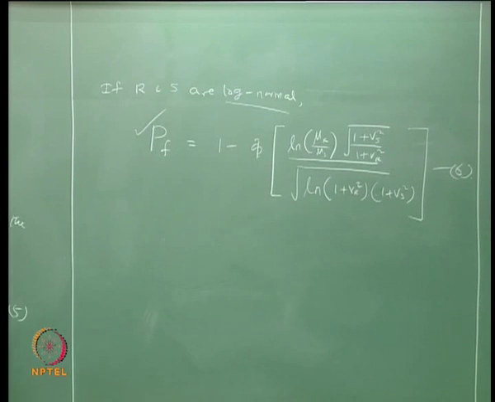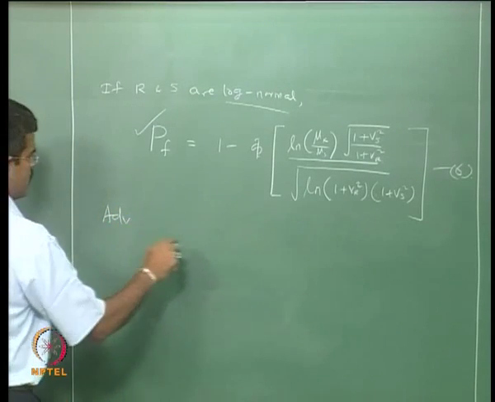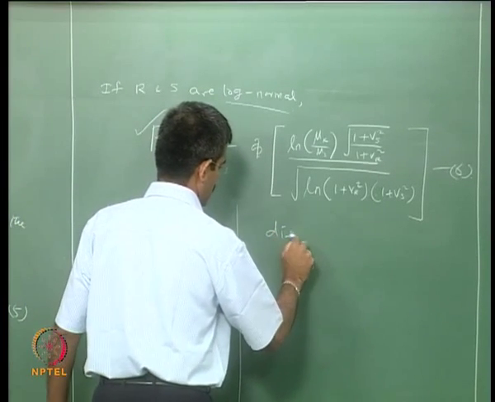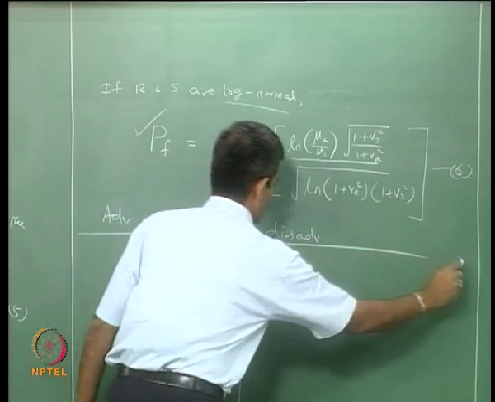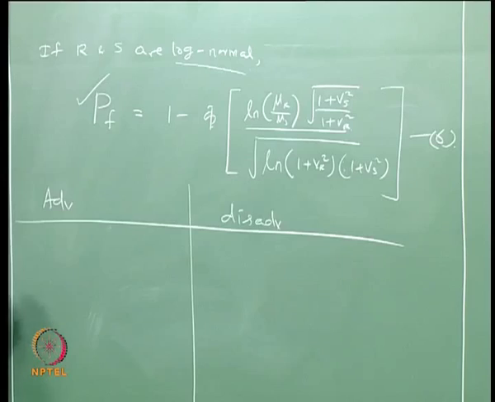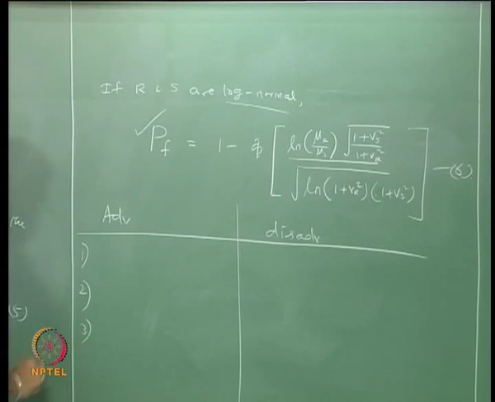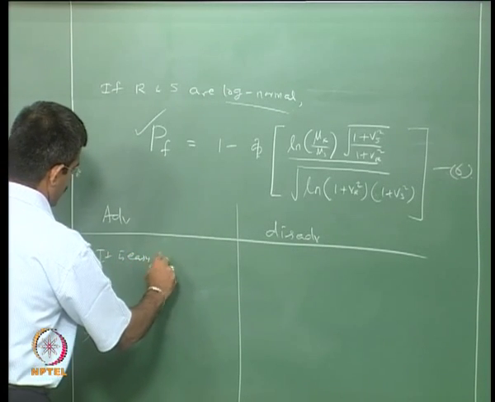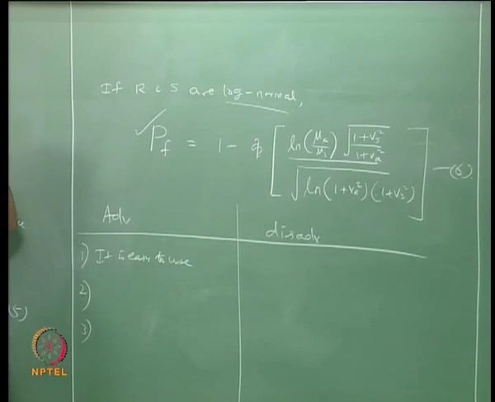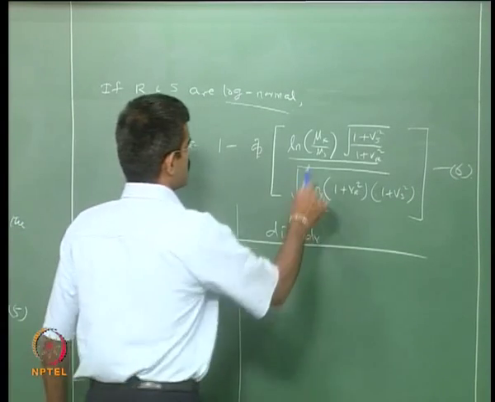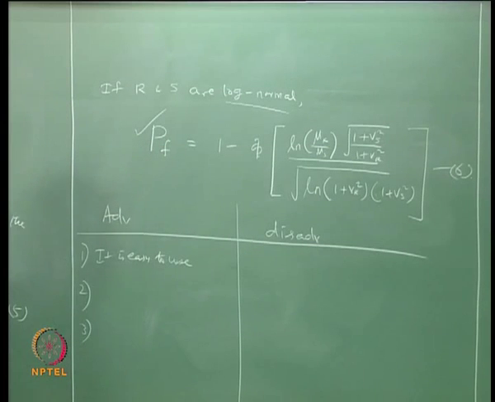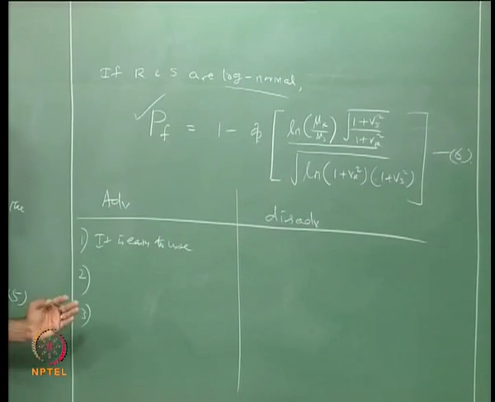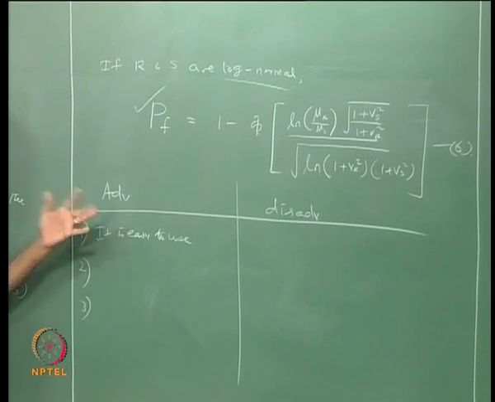Now, the FOSM method has some advantages and disadvantages. The advantages are the following. It is easy to use because you should know only the mean and standard deviation, the variance, of R and S. You can find the probability of failure directly using expressions 5 and 6 if they are normally distributed or log normal.